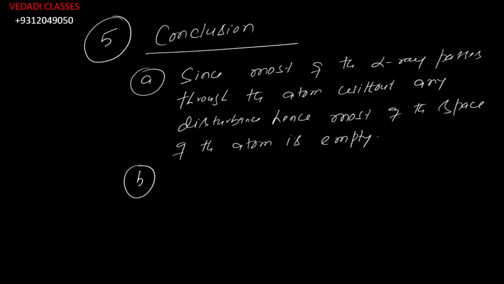It means there must be some positive charge in the nucleus. Why? Because helium is positively charged, and as you know, like charges repel each other. So since there is deflection as well as 1 out of 20,000 alpha rays reflecting back, we can say the nucleus is positively charged.